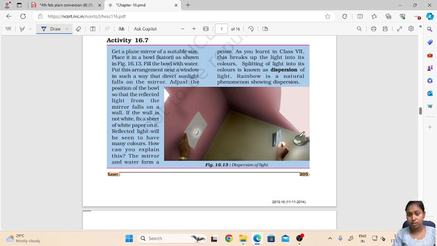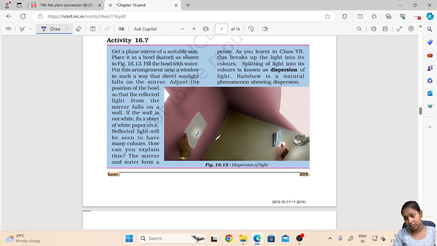We have to adjust in such a way that the sunlight which falls on this mirror gets reflected and falls on the wall. Once it starts to fall on the wall, place a white paper on that spot where the reflected light falls. The reflected light will be seen to have many colors.